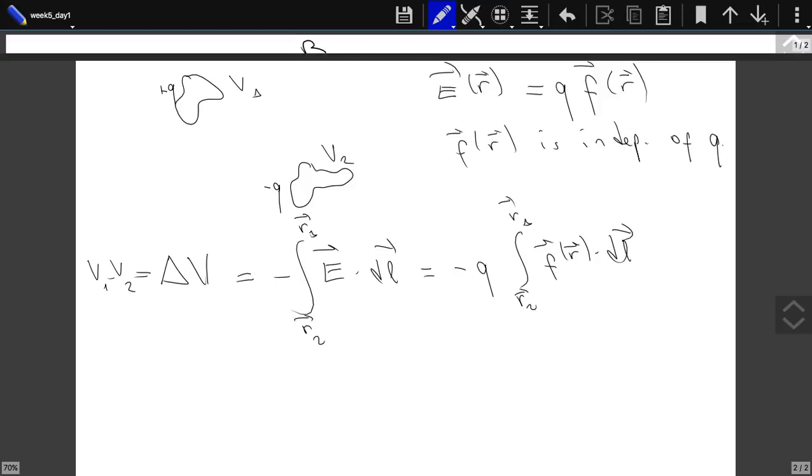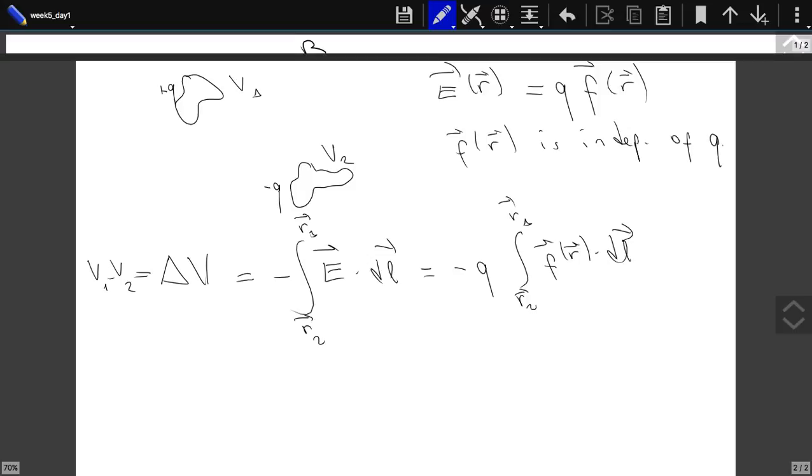This function over here, whatever it is, we don't know what it is yet, but that function doesn't depend on the charges. It only depends on their relative position and their geometry, but not on the charge. As long as you don't change the geometry, you don't change their relative position, you are not changing this function.